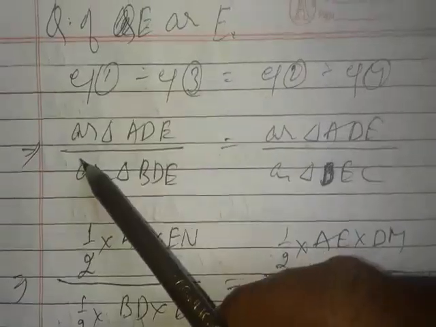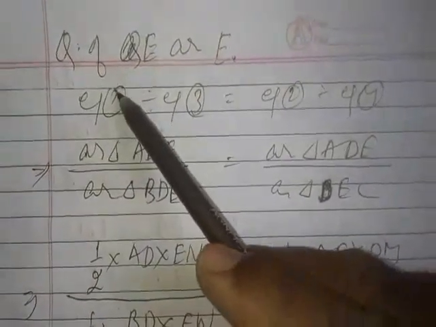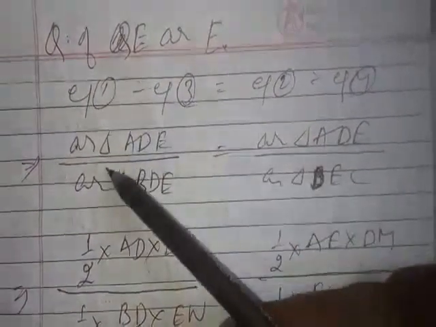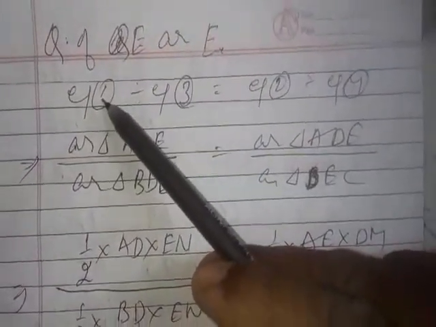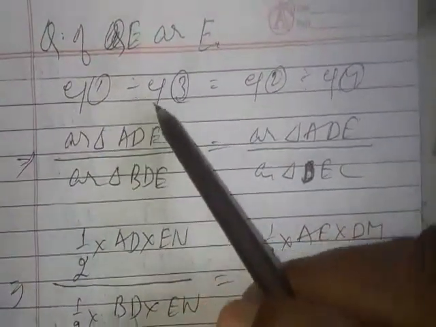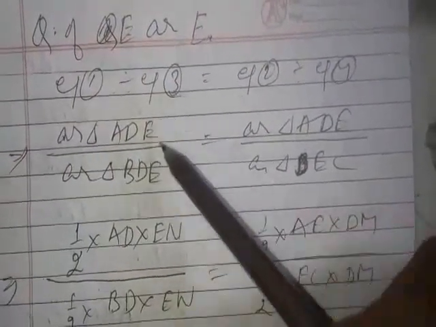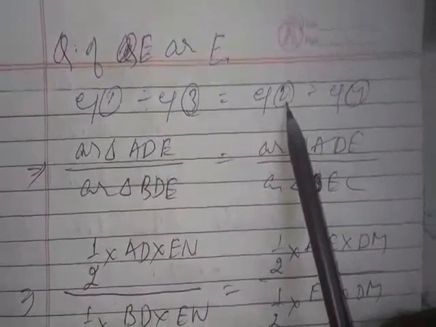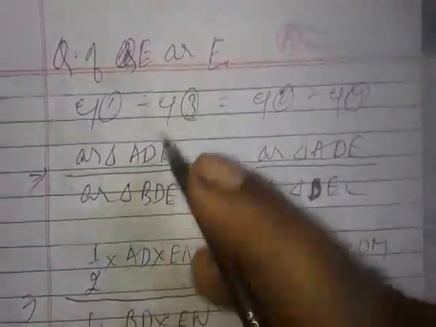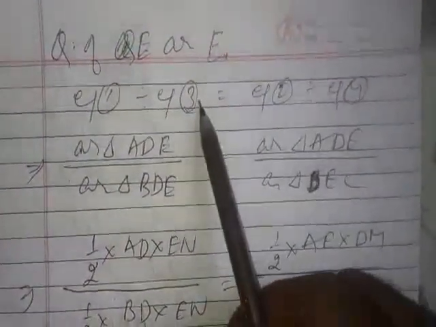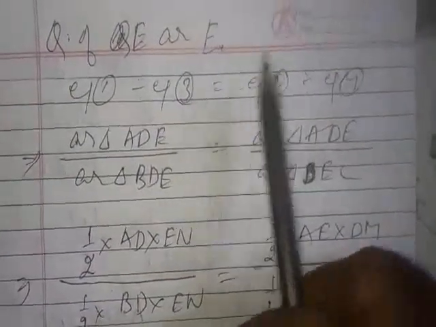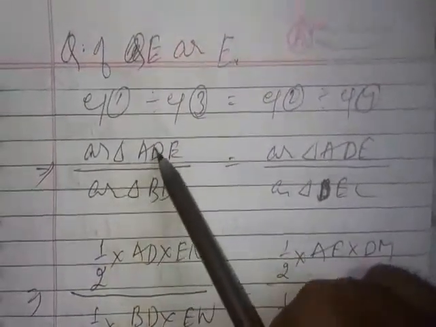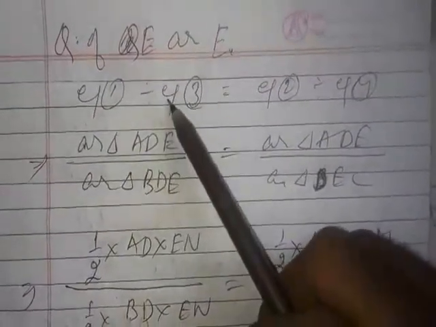Now, as we know that quotients of equals are equal, we will divide equation number 1 by equation number 3 and equation number 2 by equation number 4. Equations 1 and 2 are equal, and equations 3 and 4 are equal. Equation 1 represents area of triangle ADE and equation 3 represents area of triangle BDE.